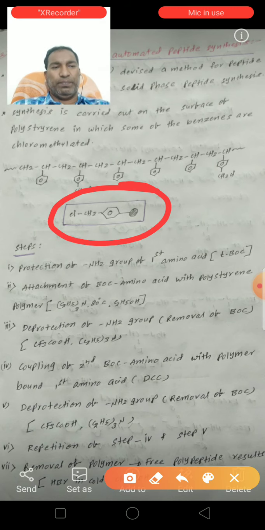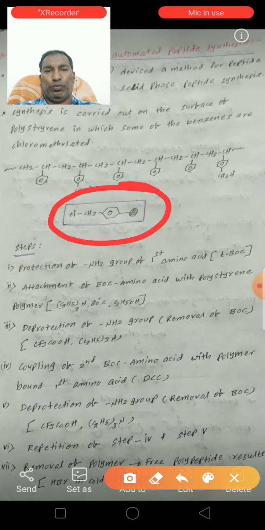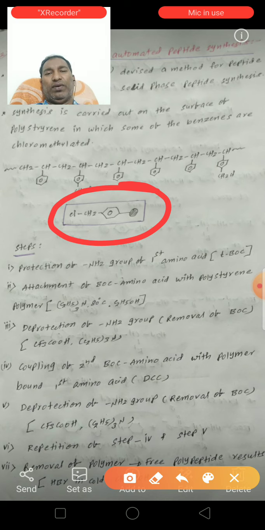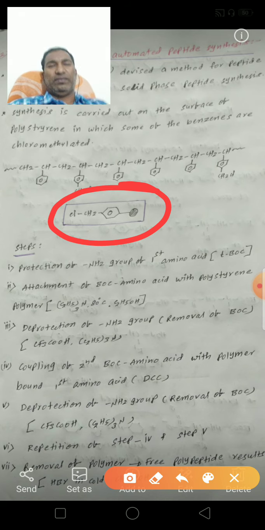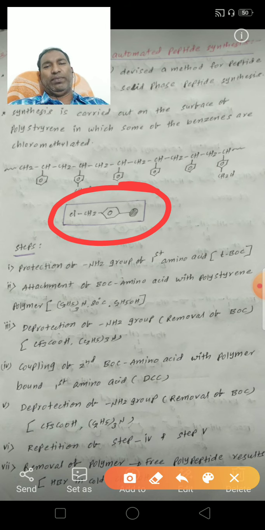Here see the preparation steps. First step is protection of the NH2 group of the first amino acid by using tertiary butoxycarbonyl chloride.